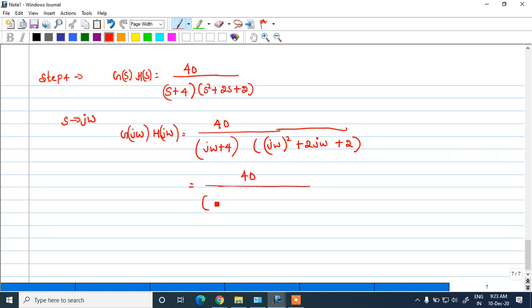So let me rewrite this, that is 40 by (4 plus j omega), and here j omega whole square will be minus omega square, because j is root of minus 1, so j square is minus 1. So I can write 2 minus omega square plus j into 2 omega.